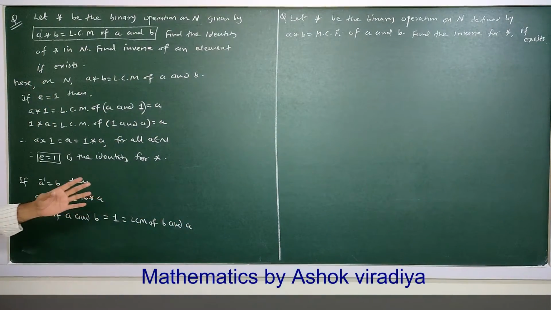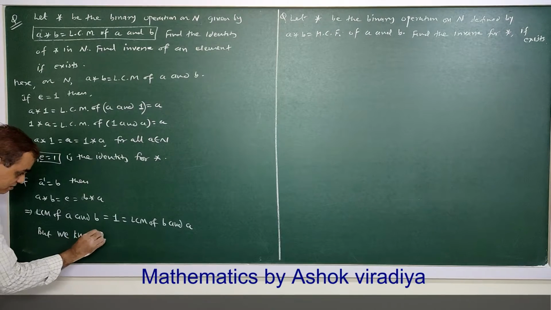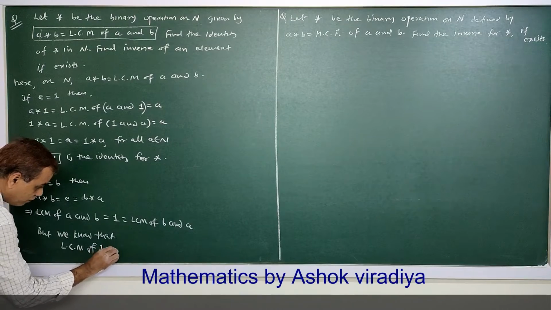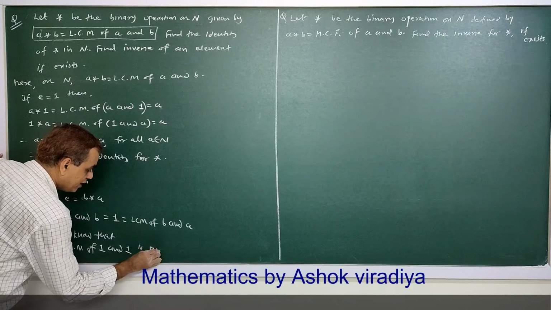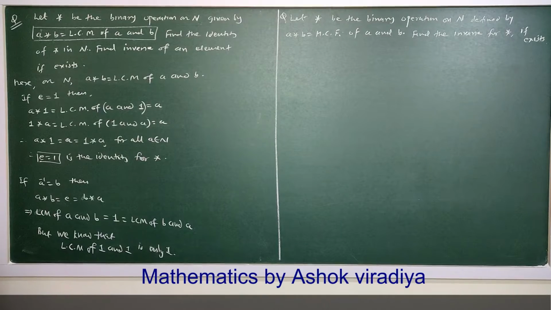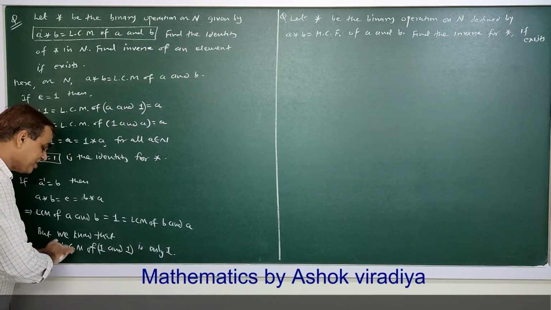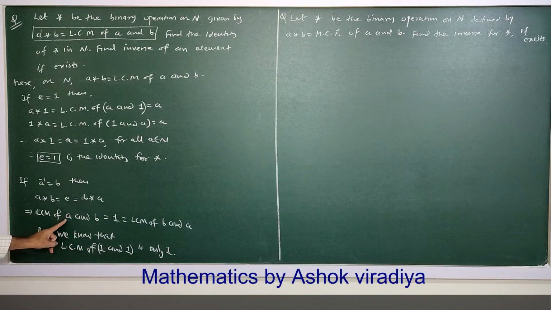No other answer. This statement is true, but we know that LCM of 1 and 1 is only 1. No LCM of any other pair of such numbers is 1. LCM of only this pair is 1. So the statement is true for A equal to 1, B equal to 1.